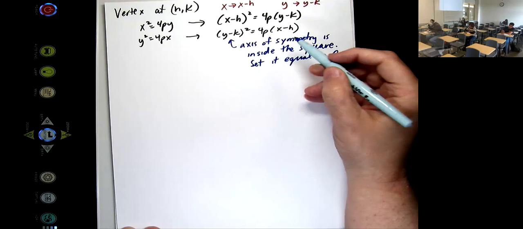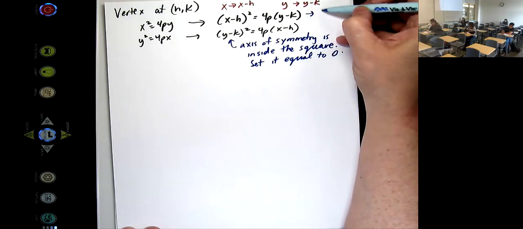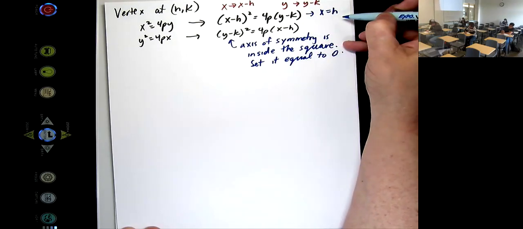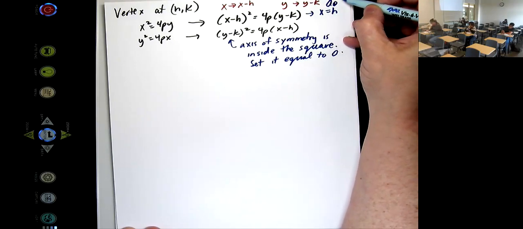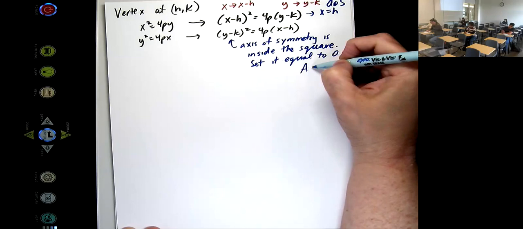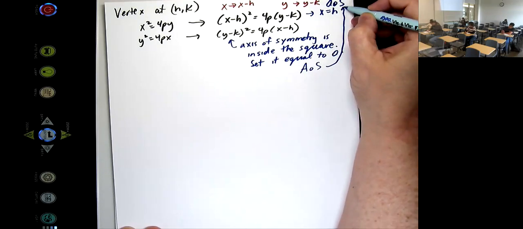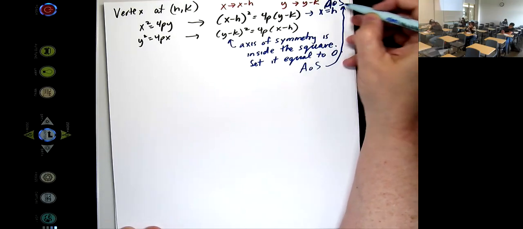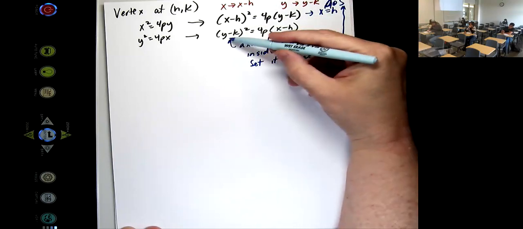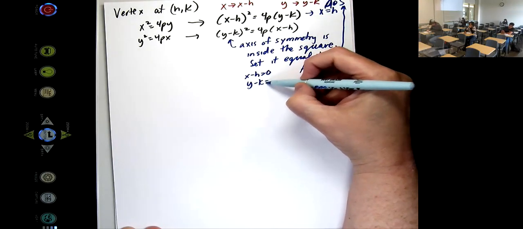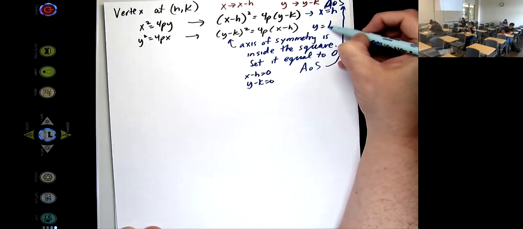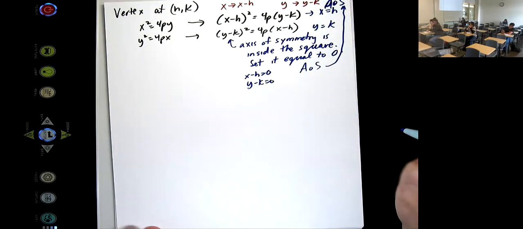So for this one, x equals h is the axis of symmetry. I'm going to call it AOS. And for this one, x minus h equals 0, y minus k equals 0, so y equals k is the axis of symmetry there.